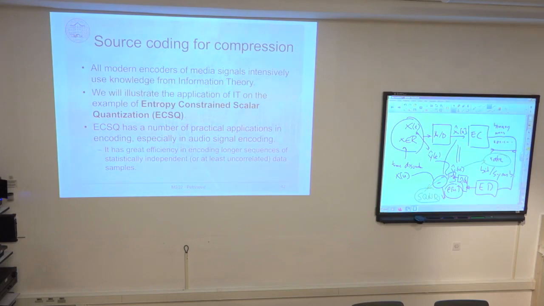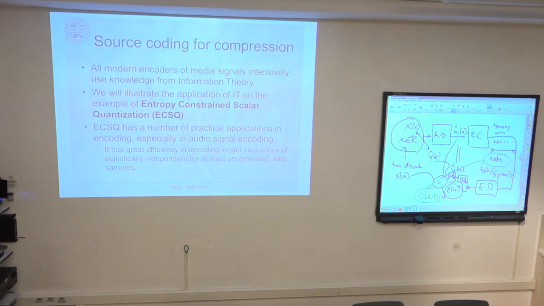At the output we have integer numbers. And these integer numbers are treated as the output of some random discrete source. For each possible output symbol, we have a corresponding probability. We can count how many times the value -3 was observed, how many times value -2, and so on. So for such a source, we can easily construct the best possible entropy coder, okay?